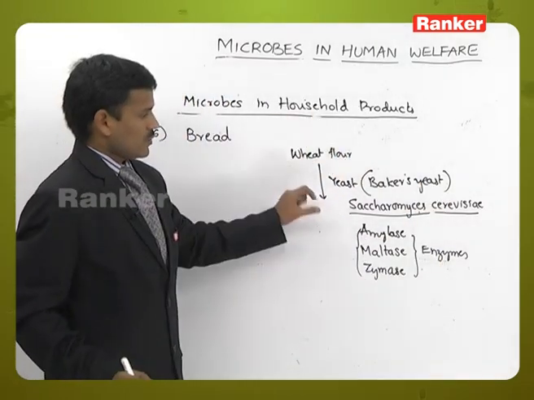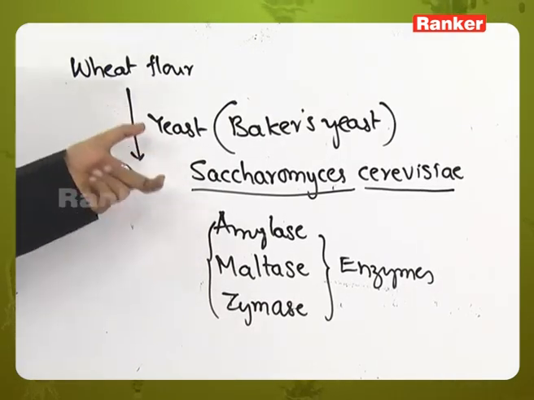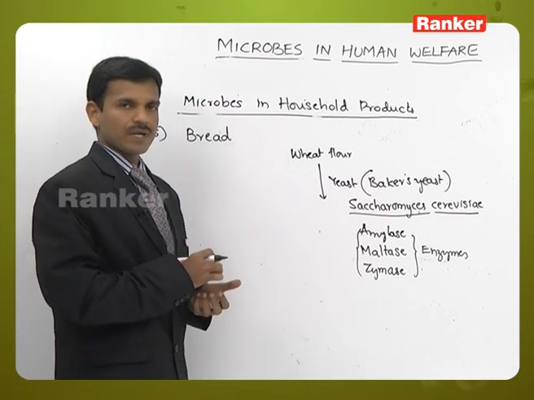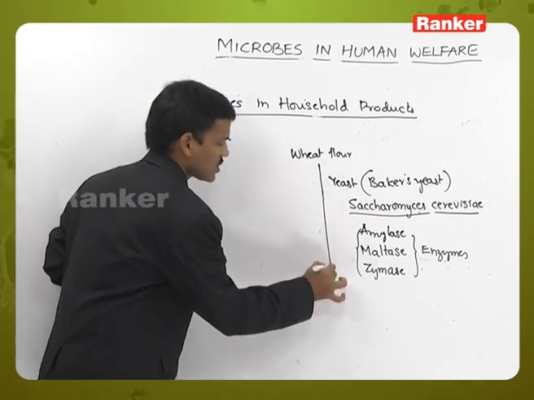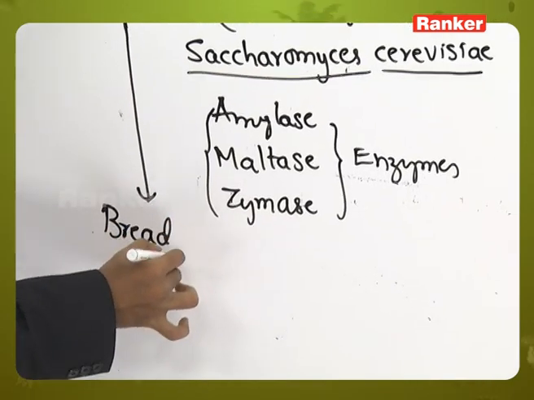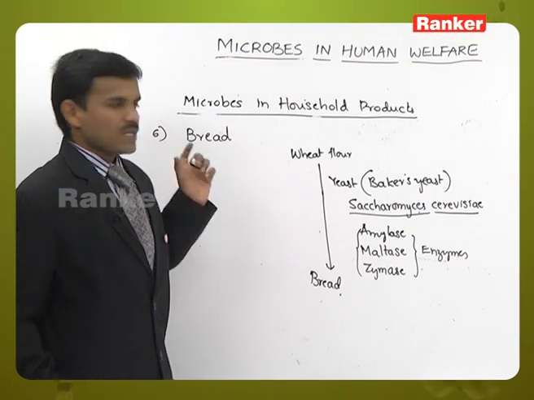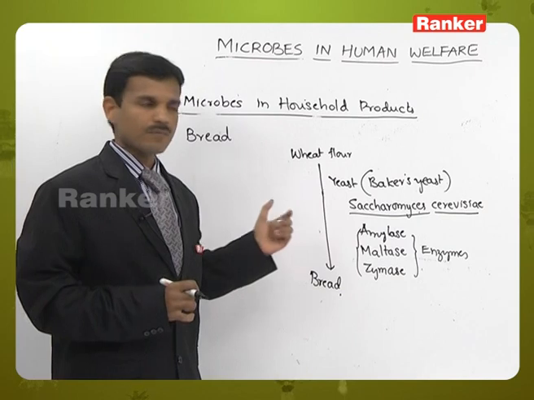Due to the production of all these enzymes by the yeast, we can see the puffing up appearance, and it becomes a smooth and soft structure, that is bread. That is also one fermented product by yeast, a fungal member.